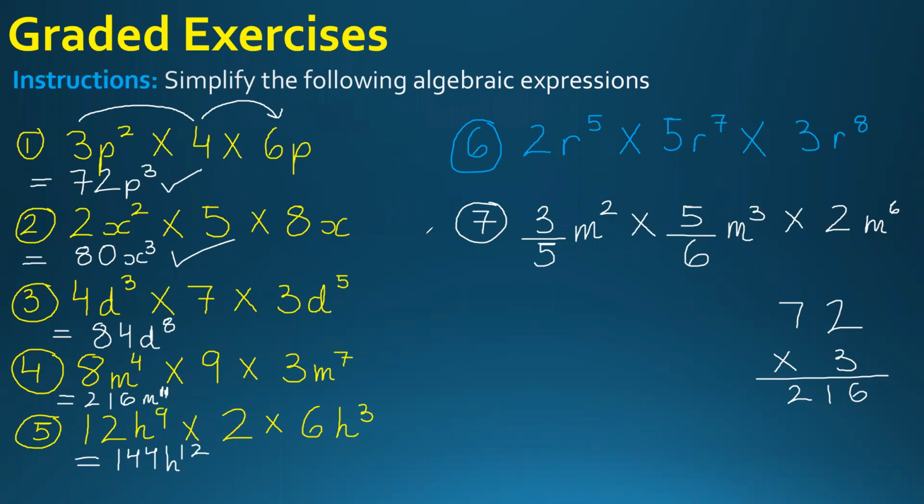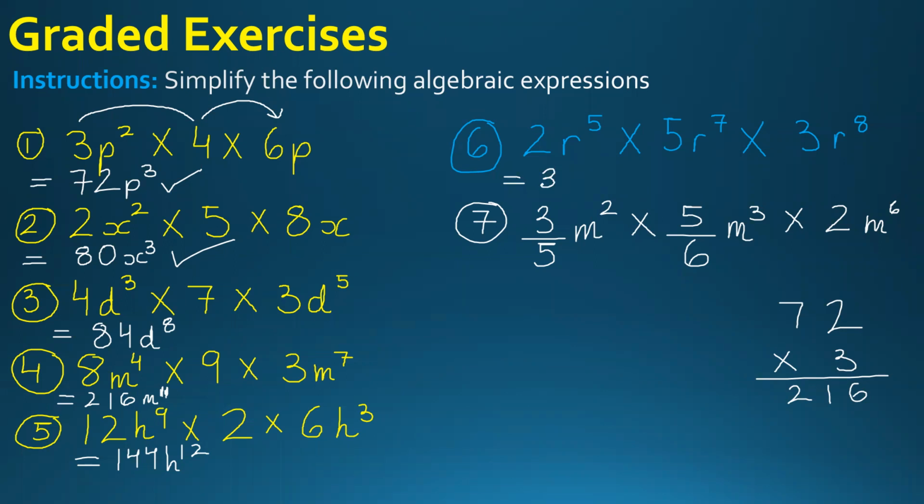So we have, I might be wrong, I might be right, but I need to try. Go ahead. All right. Brackets 2 times 5 times 3, close brackets, r to the power 5 times r to the power 7 times r to the power 8, close brackets. 2 times 5 is 10, times 3 is 30.